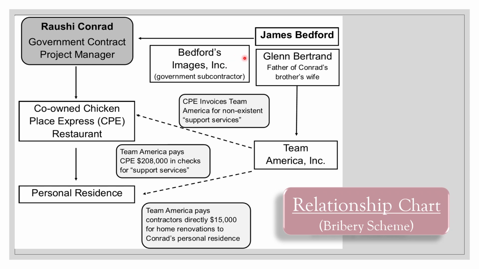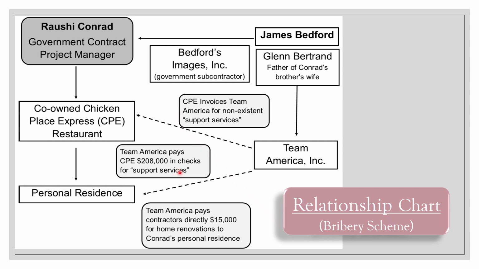This shows both the relationships of the individuals, the companies, and then what the scheme was. For example, the company Team America sent invoices to the chicken place, Express, the restaurant, for support services that actually didn't occur.